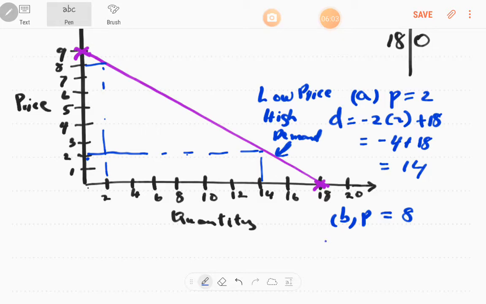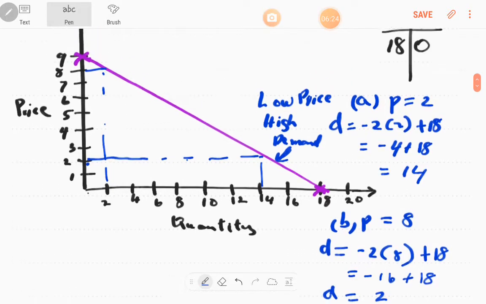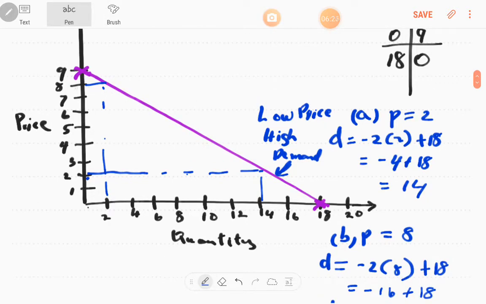So we have D equal to minus 2 times 8 plus 18. So we have minus 16 plus 18. And so the quantity demanded is 2. So when the price is high, the demand is low.